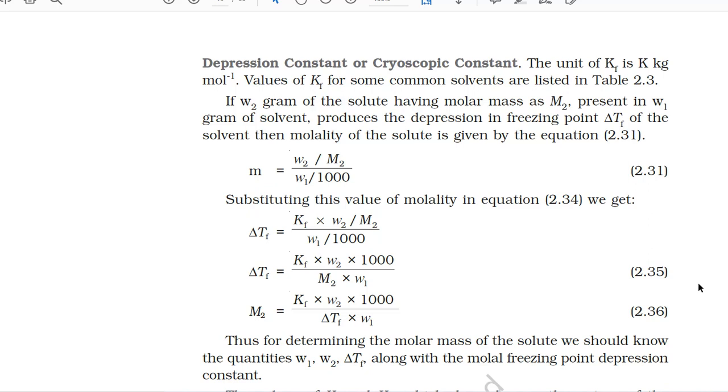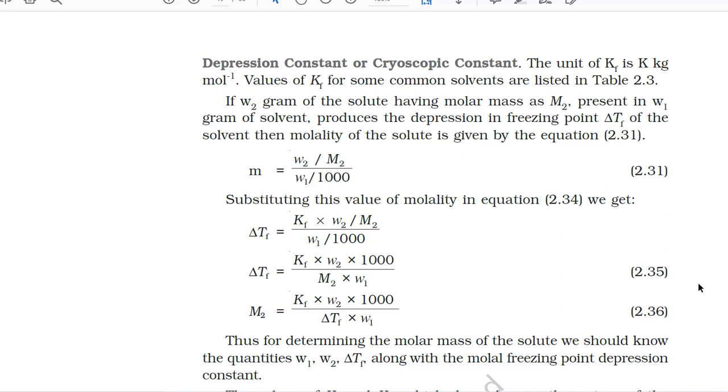If W2 gram of the solute having molar mass M2 present in W1 gram of solvent produces the depression in freezing point ΔTf of the solvent, then molality of the solute is given by equation 2.31. Molality = (W2/M2)/(W1/1000).